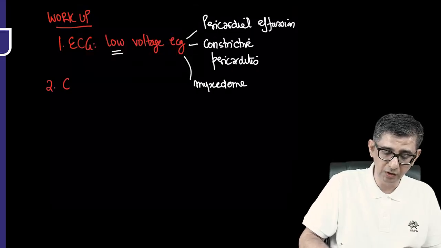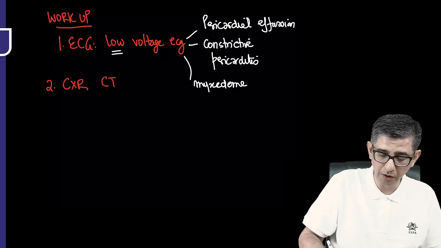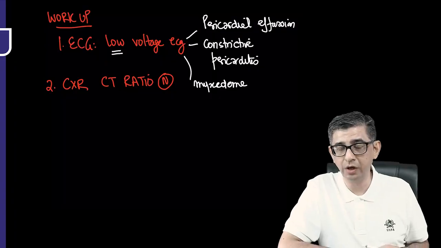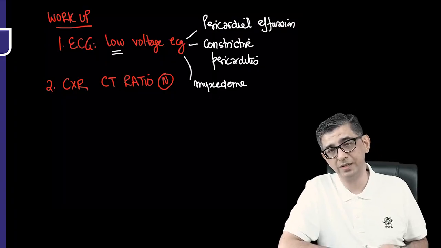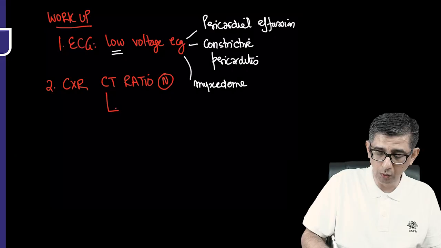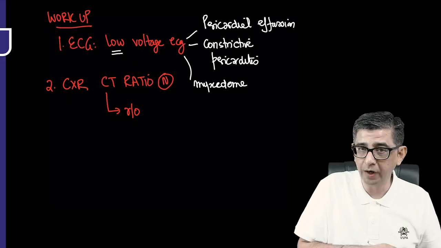When I do a chest X-ray in this patient, the X-ray will reveal a normal cardiothoracic ratio. The question then arises: if I know that the cardiothoracic ratio is normal in this condition, why am I doing a chest X-ray? There are 2 reasons behind it. One is that I want to rule out a differential diagnosis of this condition, which is constrictive pericarditis.